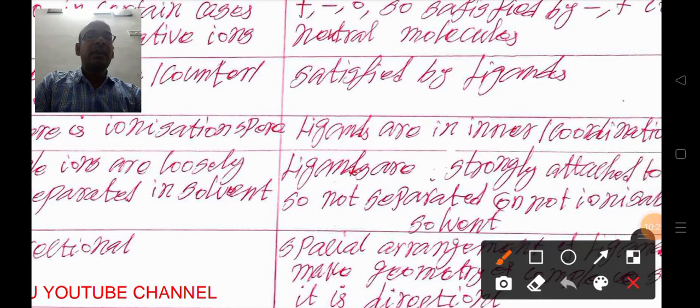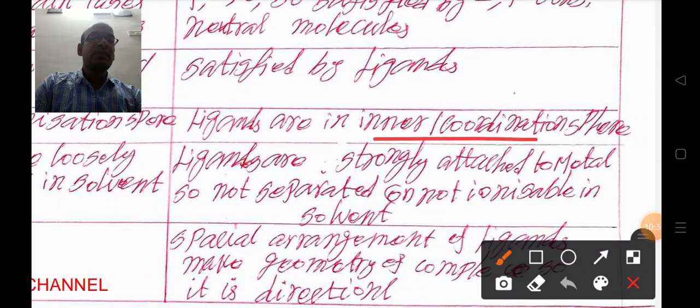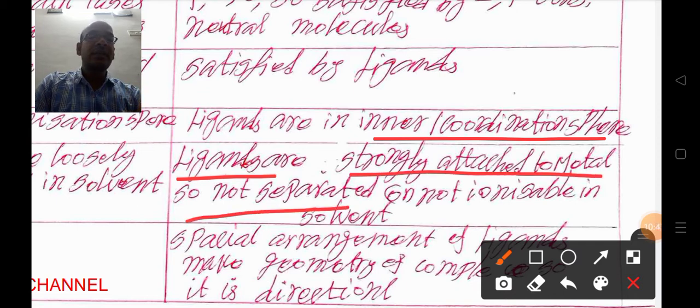Ligands are in the inner sphere or coordination sphere. Ligands, that is secondary valency ions, are strongly attached to the metal, so not separated, that is not ionizable in solvent.